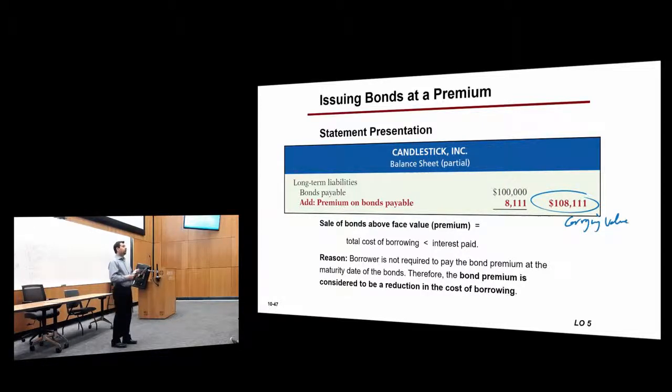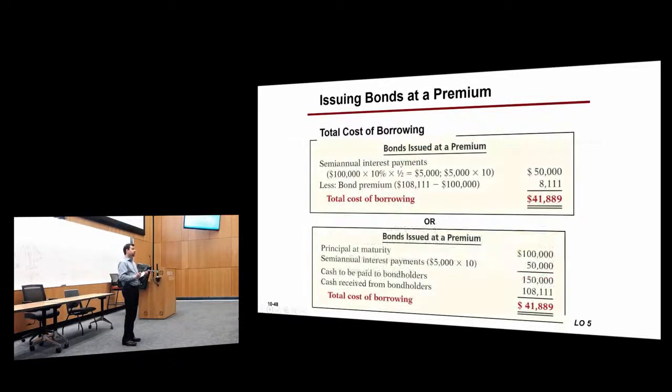Now, what does premium on bonds payable do to the cost of borrowing? It decreases it. If discount on bonds payable increases the cost of borrowing, the premium would decrease it. So let's do it in the same way here. In this case, you subtract the premium from the interest that is paid.